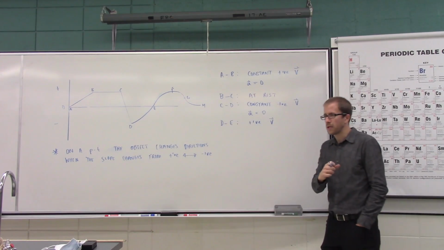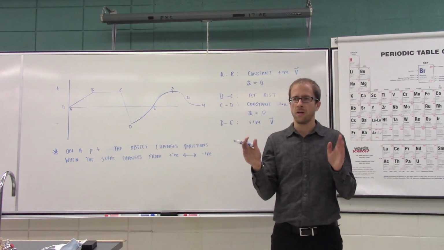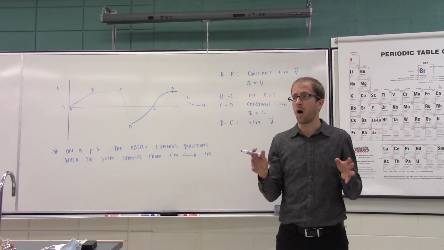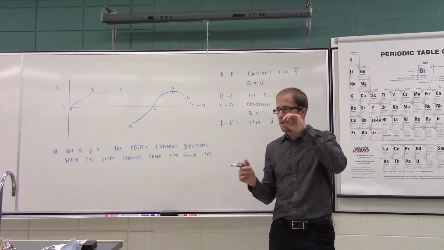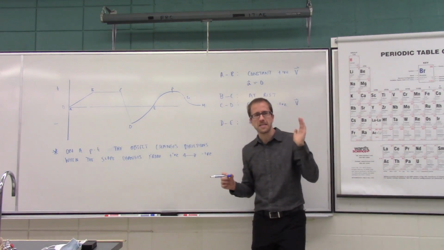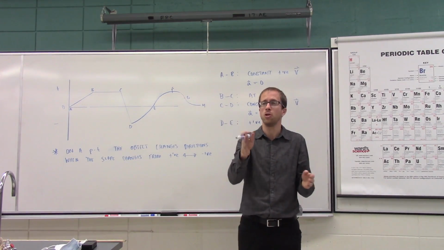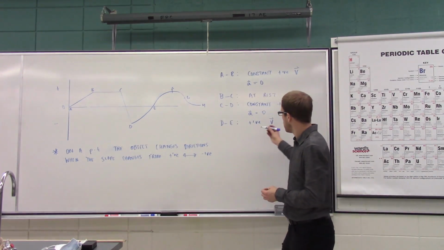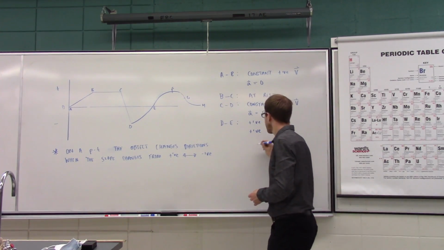What's the general rule again? If you are speeding up, my velocity and my acceleration, are the directions the same or the opposite? They are the same. If you are speeding up, your acceleration has the same direction as your velocity, as the direction you are moving. So we have here positive acceleration.